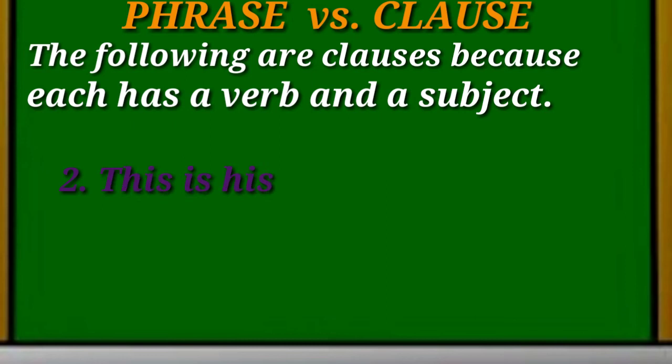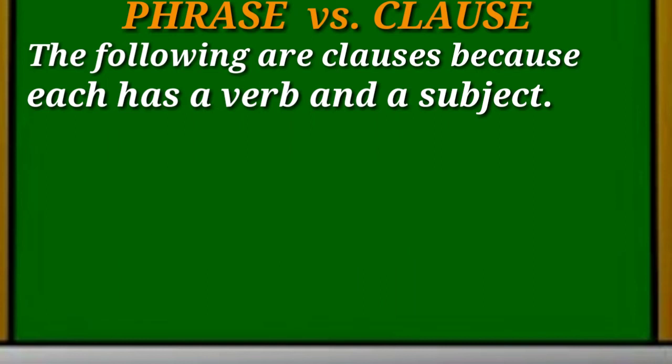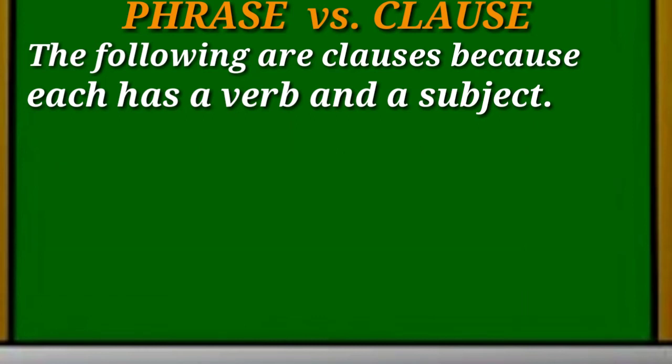2. This is his photograph. The verb is the word is, and the subject is this. 3. Everyone in our class could see that. Here the verb is could see, and the subject is everyone in our class. 4.